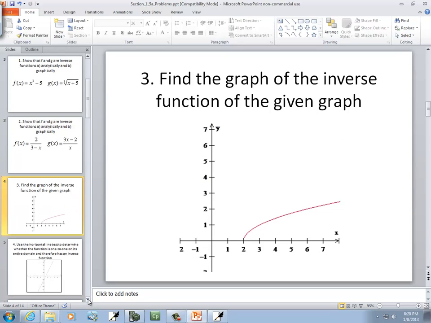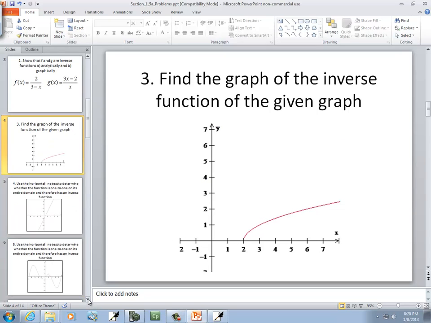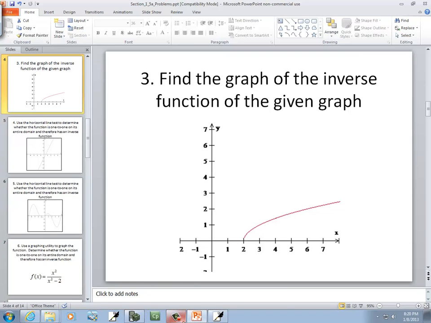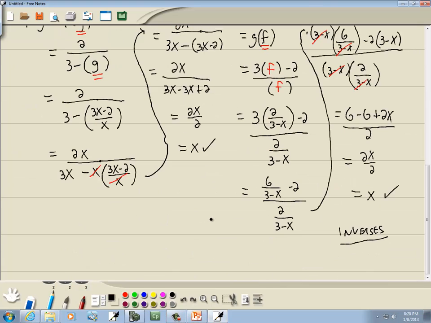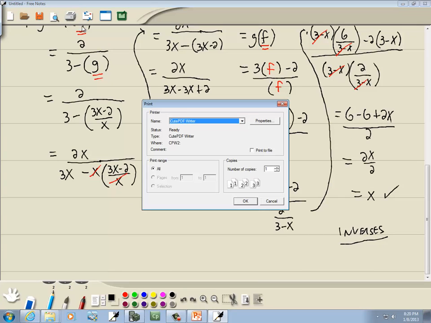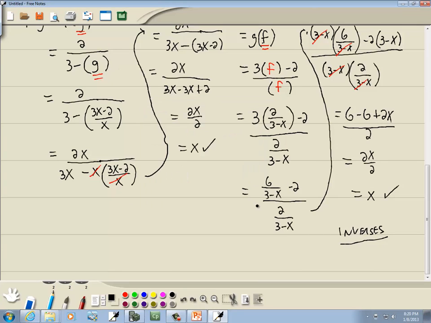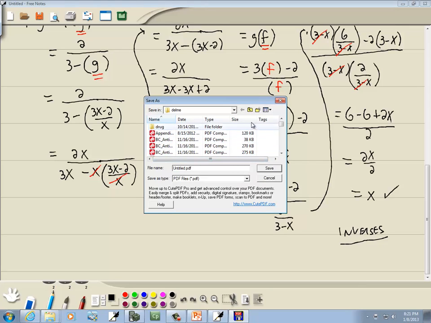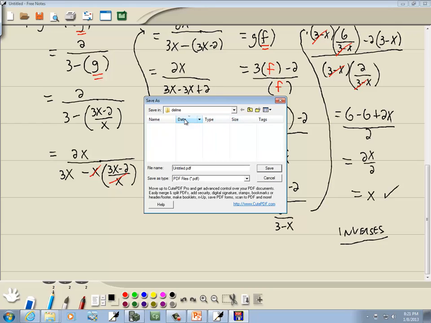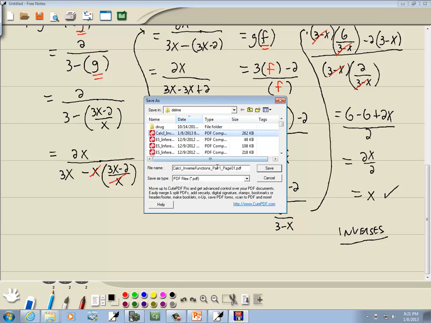Okay, now this one's asking us to find the graph of the inverse. Come down here, see if I have room. Okay, let me save this. This will be page 2.